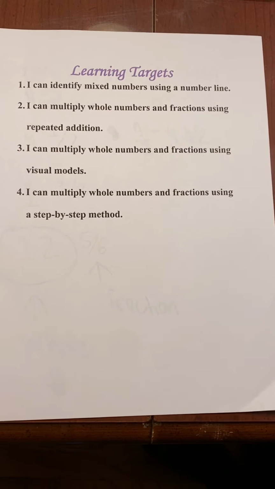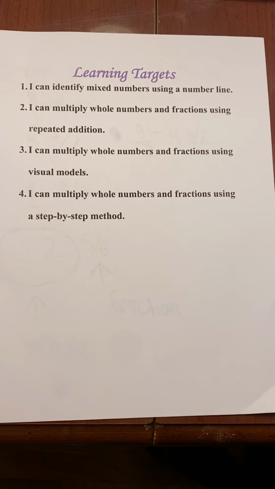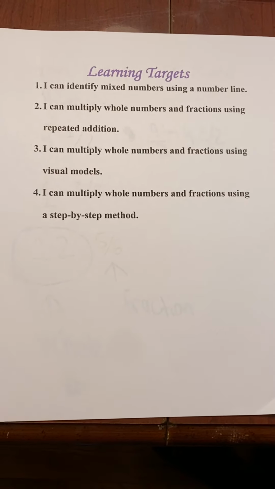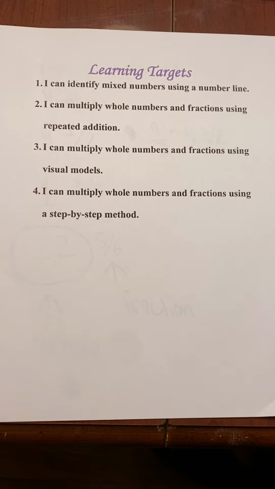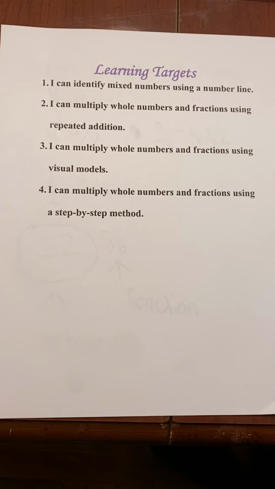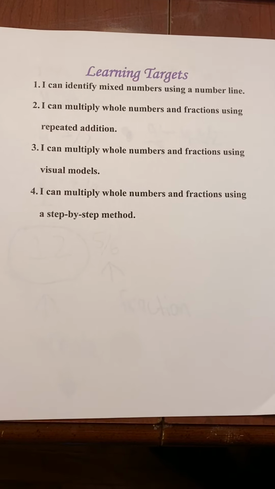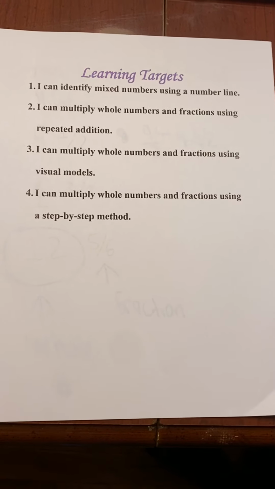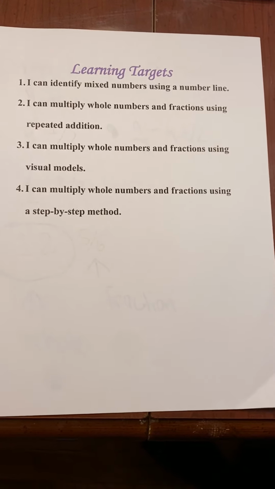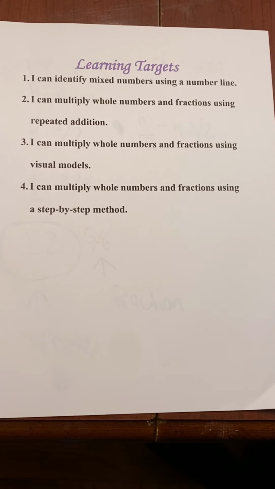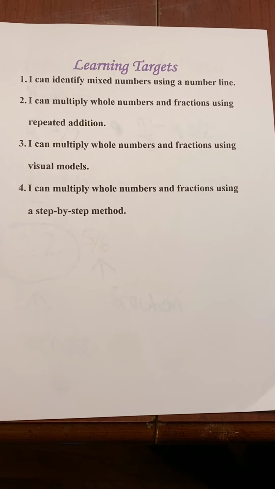So what are some examples of mixed numbers? I'm not going to give you the answer yet. I want you all to think about what mixed numbers are and just ponder on it, and I will explain that later on. So the last 3 learning targets go with multiplying fractions by whole numbers.